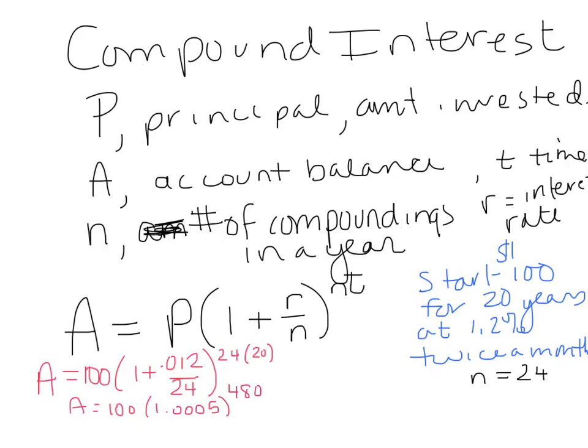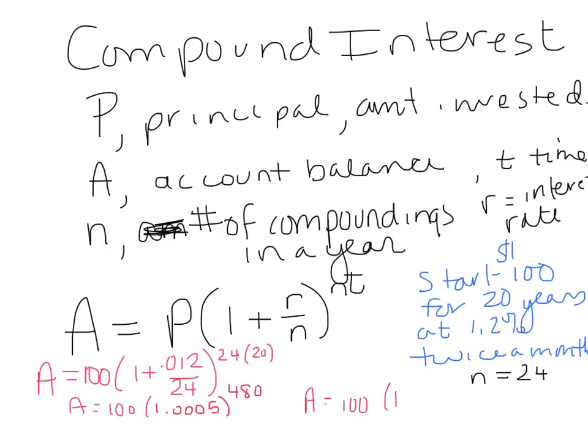So now I have to take this 1.0005. Remember, I'm going to take my exponents first. Let me try that. Okay, so that gives me 100. Oh, I'm going to forget it. It was on the other screen.